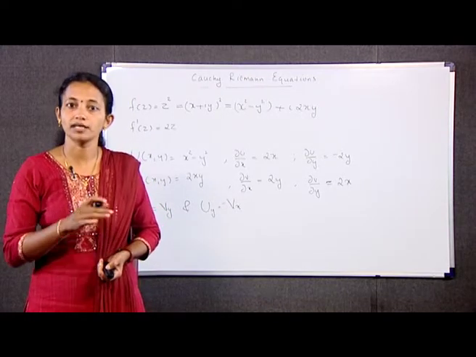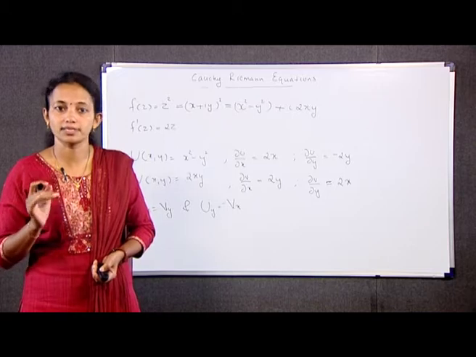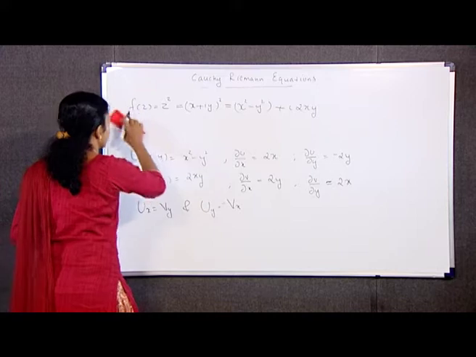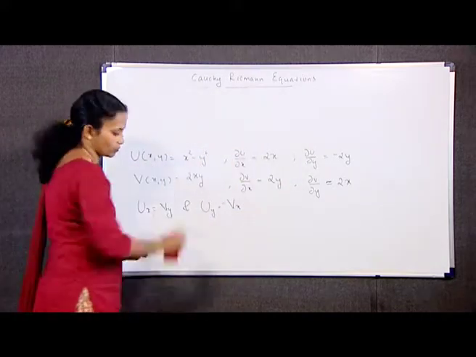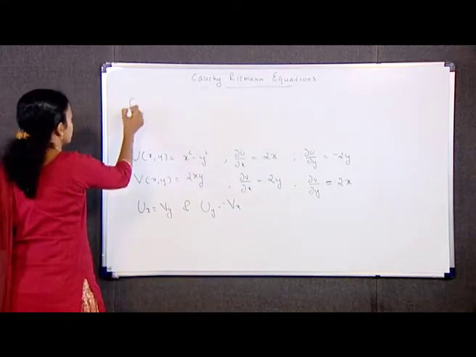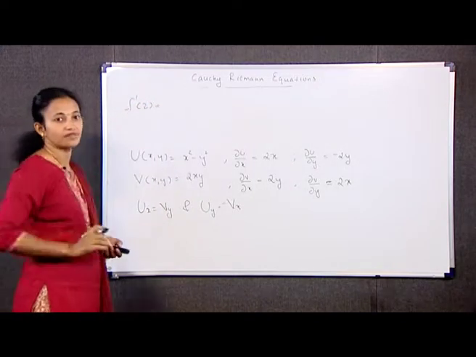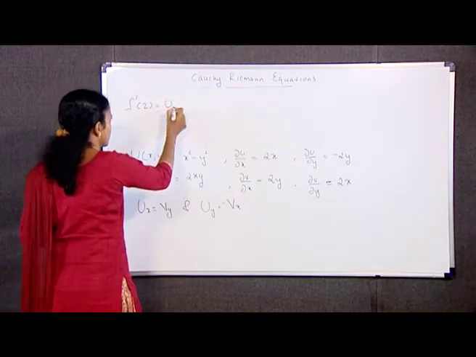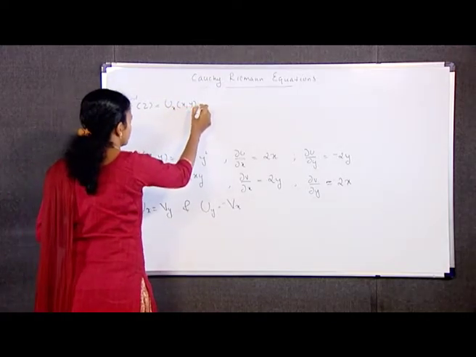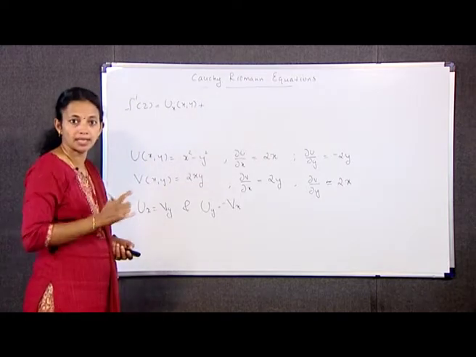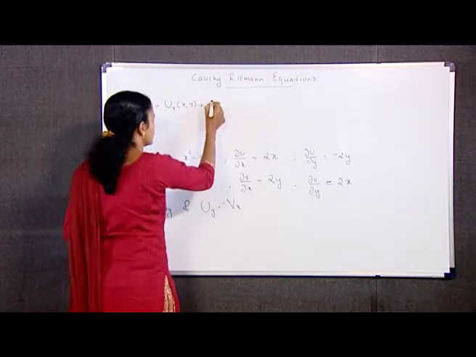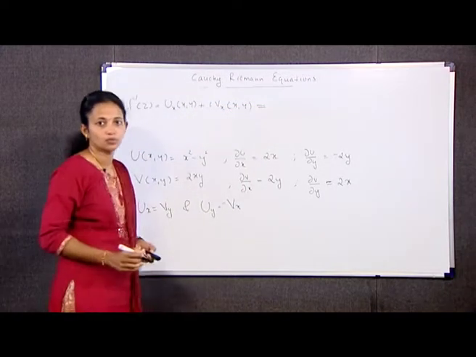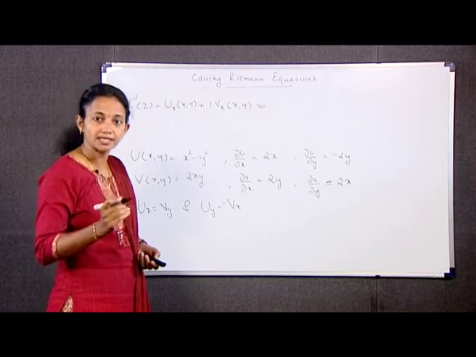Also, by the formula given by 3, at any point z, we can write f′(z) = u_x(x,y) + i v_x(x,y), which is equal to 2x + i 2y.